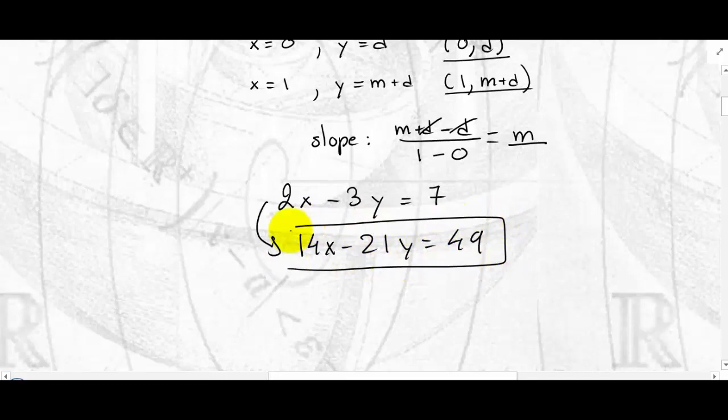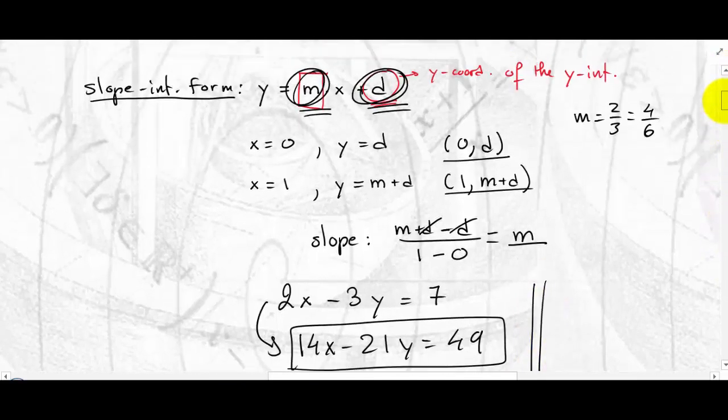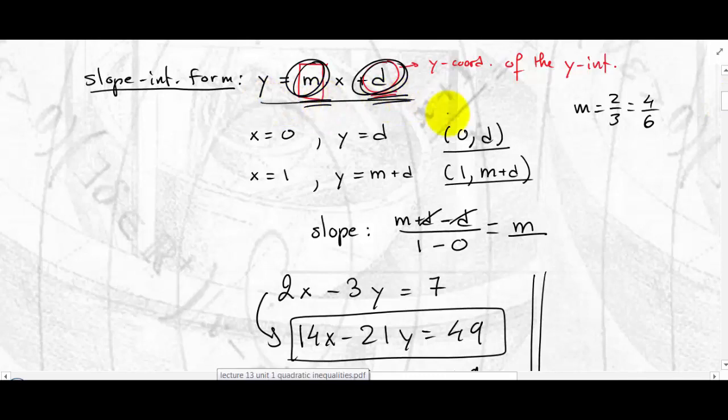This is the same line, but you agree with me that the numbers are completely different. 2 is not 14, 3 is not 21, and 7 is not 49. We could also have negative 14x plus 21y equals negative 49. Okay, so the standard form is not unique, but the slope-intercept form is unique.